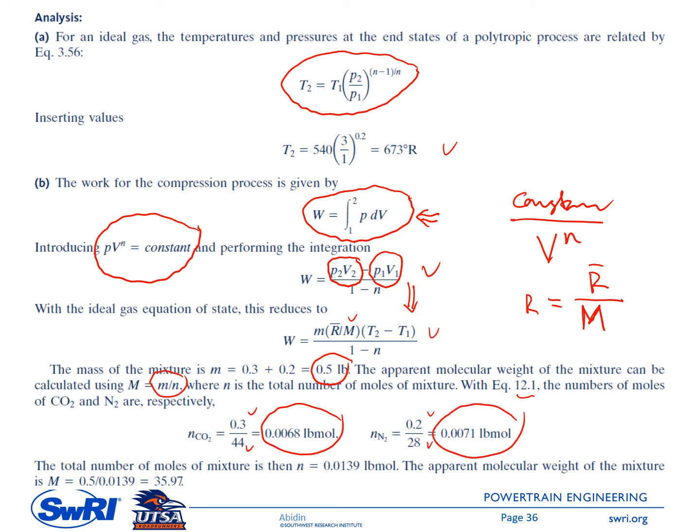By summing these two mole numbers, we have the mixture mole number of 0.0139 pound-mole. Then we can calculate the apparent molecular weight of the mixture, which is the mixture mass, 0.5 pounds, over the mixture mole number. We have the apparent molecular weight of the mixture of 35.97.